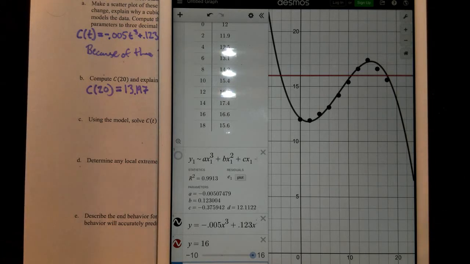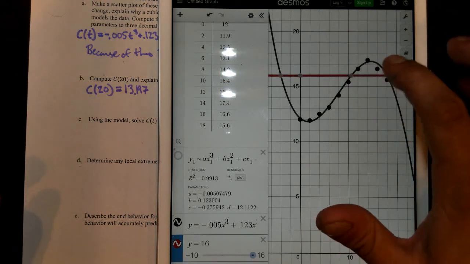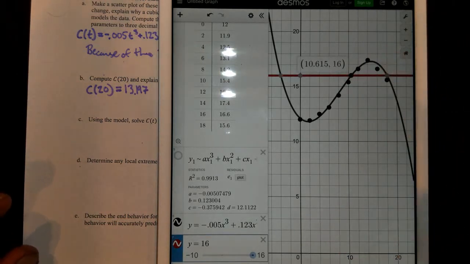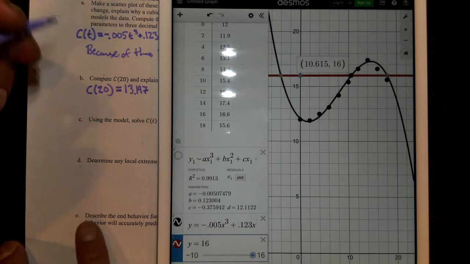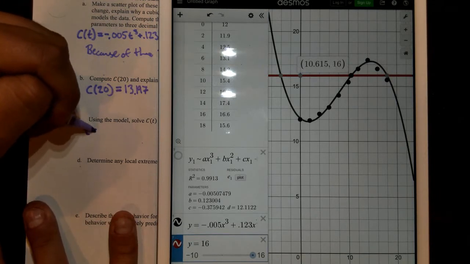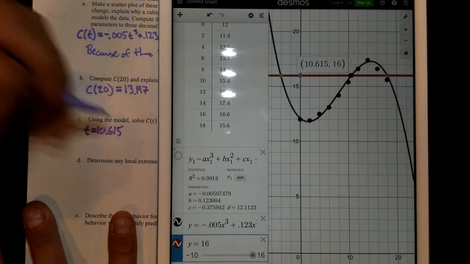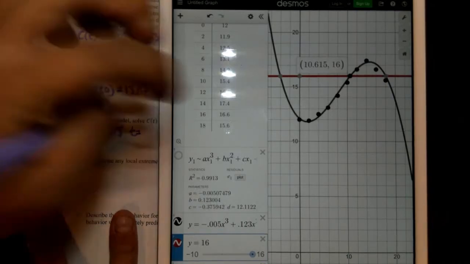So that means where they intersect. So I'm only going to look at the positive ones in this case. So they intersect when t is equal to 10.615, and when t is equal to 18.044.